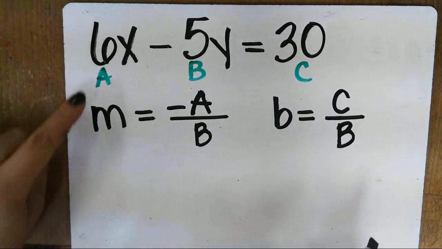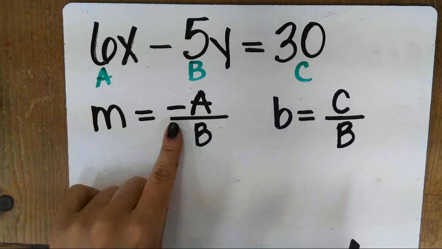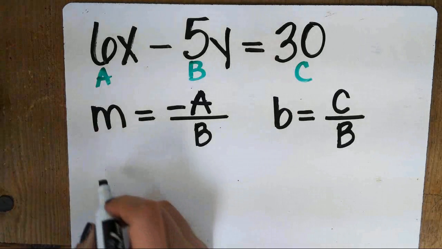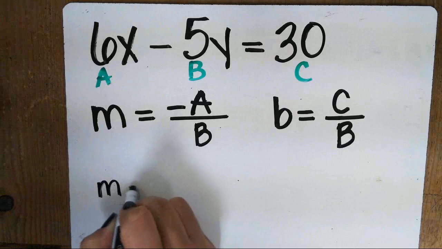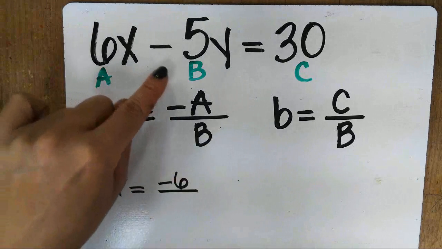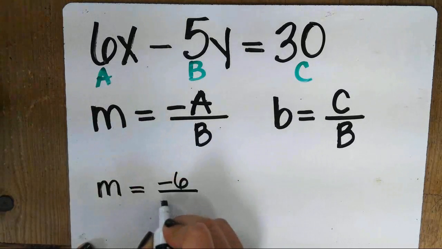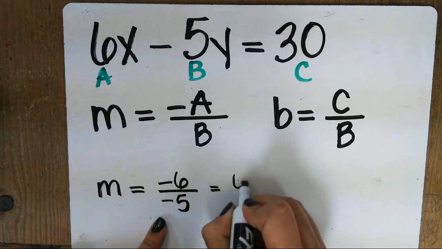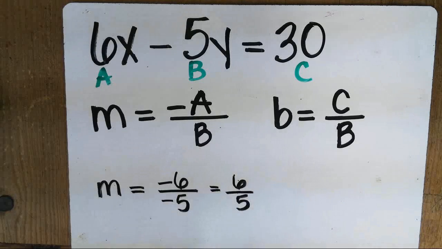Okay, so the opposite of A, because you see here I have negative A. This is a positive 6, but I have negative A. So the opposite of positive 6 is negative 6. And then I have over B. My B is negative 5. And if I simplify this, I have positive 6 over 5.